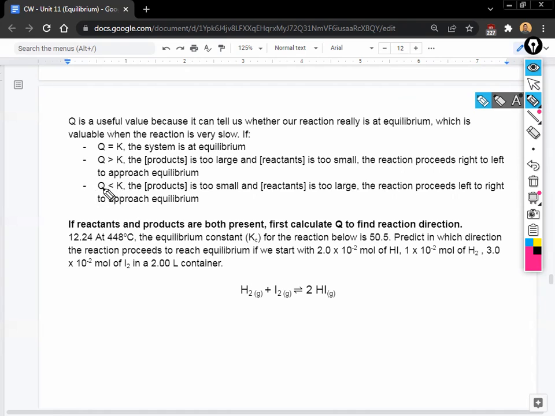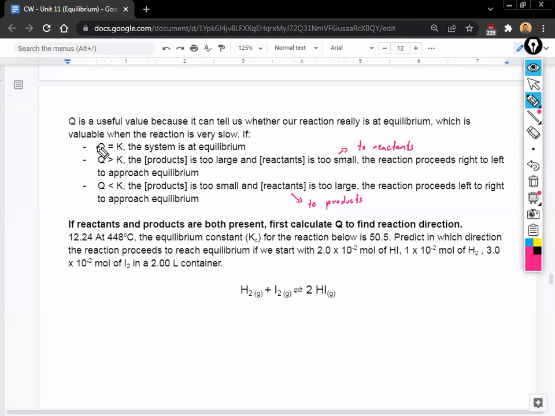And if Q is less than K, then that means it's going to go towards the products. That's how we can tell which direction the system still needs to go in order to hit equilibrium.